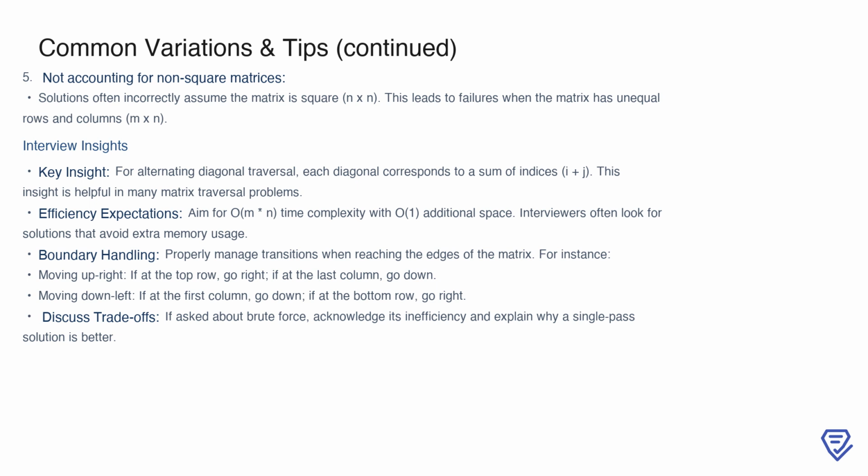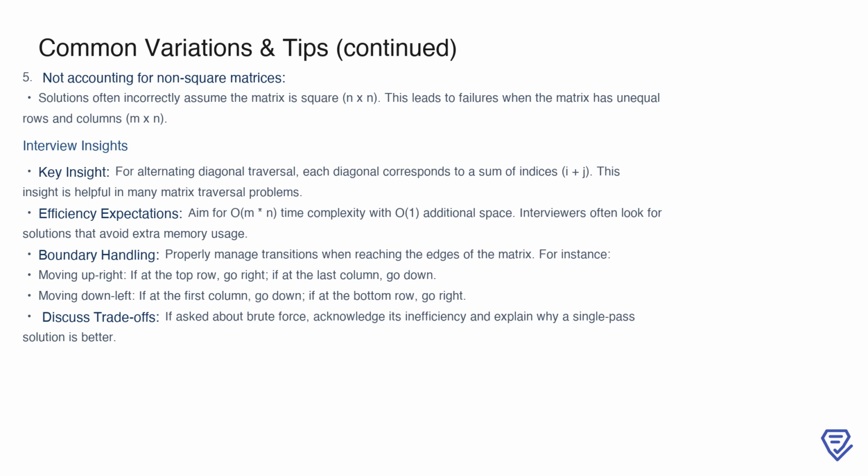A useful insight for problems like diagonal traverse is that each diagonal corresponds to a constant sum of indices, i plus j. Recognizing this pattern can simplify your logic in both this problem and similar ones. From an interview perspective, it's critical to aim for an optimal solution with O(n) time complexity and O(1) additional space. Interviewers often expect candidates to avoid extra memory usage.